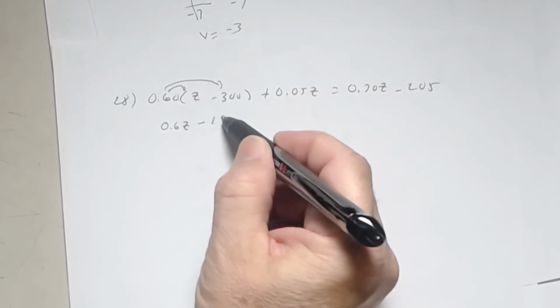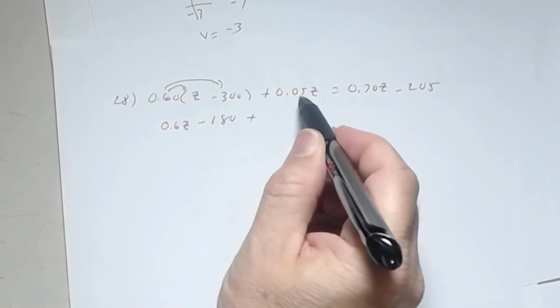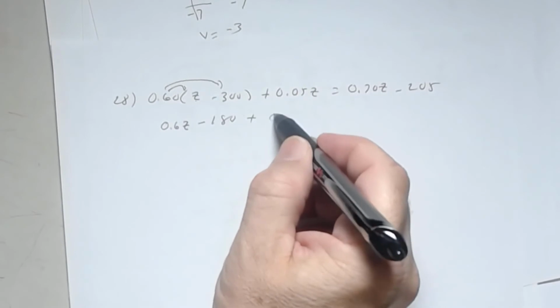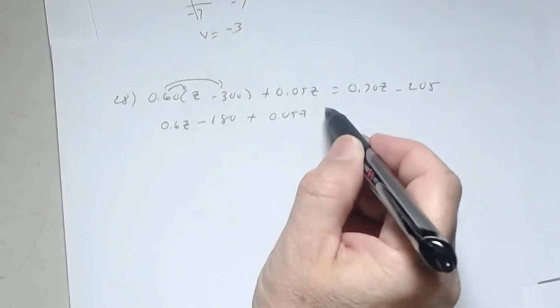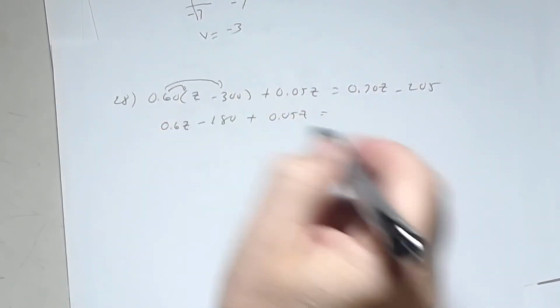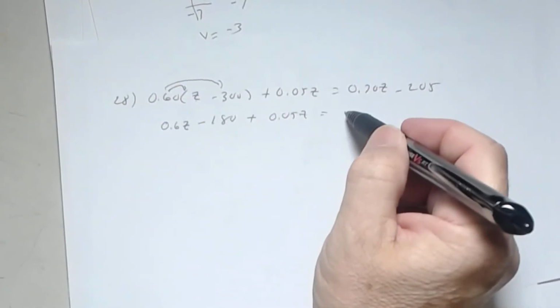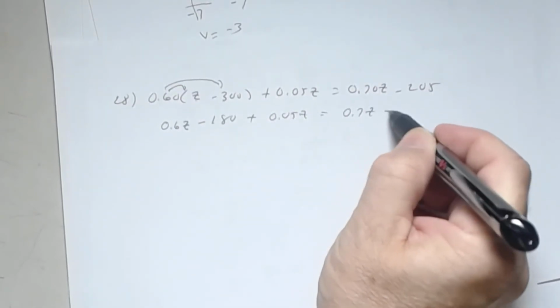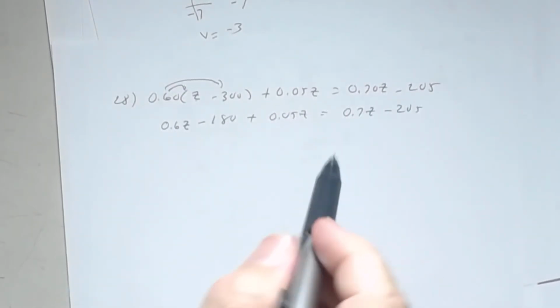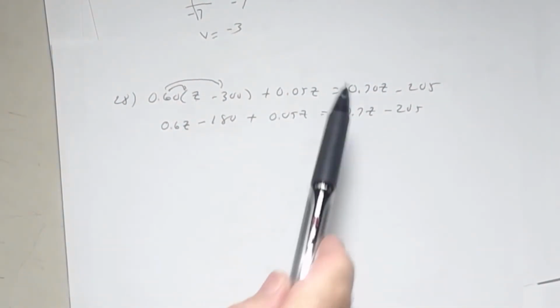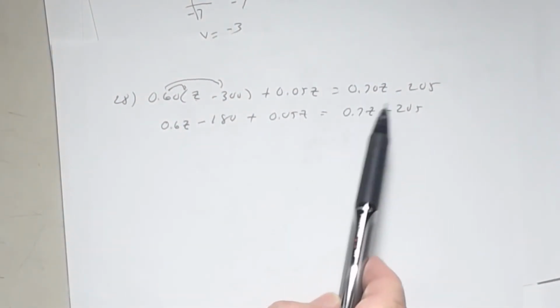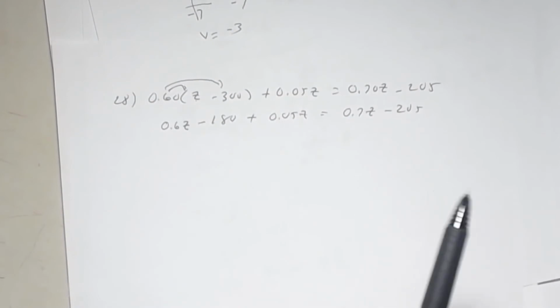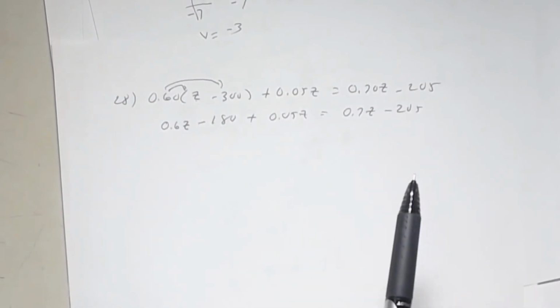Negative 180. Plus, and this is 5 hundredths z, so 0.05z equal. So all I did was distribute. I'm writing everything else over. And you see that 0.70, I just wrote as 0.7 because 0.70 is the same thing as 0.7.